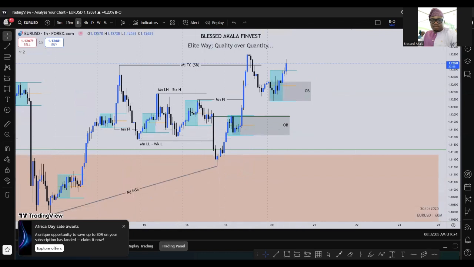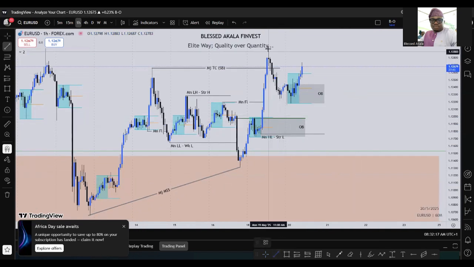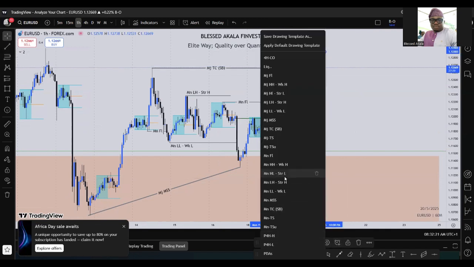So if we're going to do some analysis here, what we have is this leg to be our minor strong low, and here to be a minor weak high that we're expecting market to eventually reach.